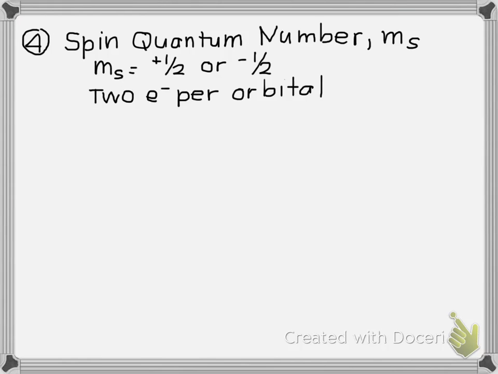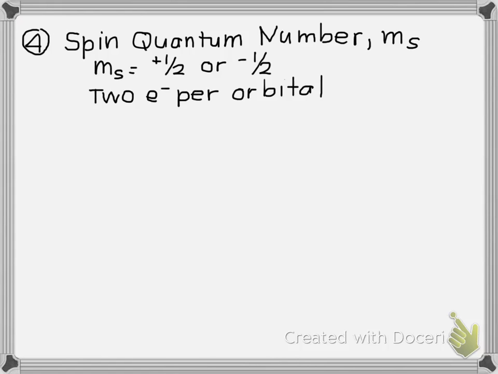The final quantum number, which distinguishes the two electrons that are in an orbital, is the spin quantum number. That's called M sub S. There are only two values for M sub S, a plus 1/2 or a minus 1/2.